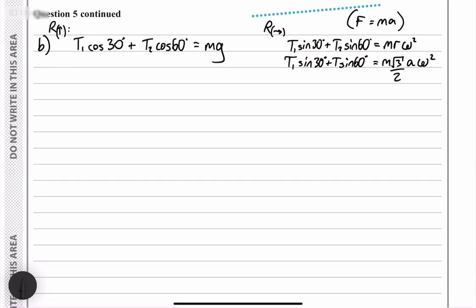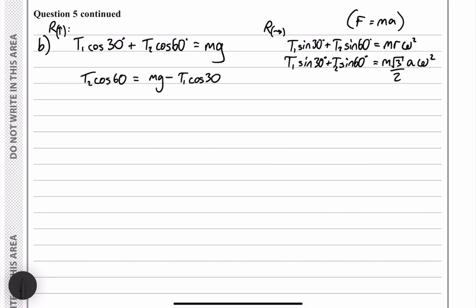So now we've got 2 equations, both involving T1 and T2. So we can now put these together. We want T1, so let me rearrange the one on the left here to give T2, and then we can substitute. T2 cos 60 is equal to mg minus T1 cos 30.